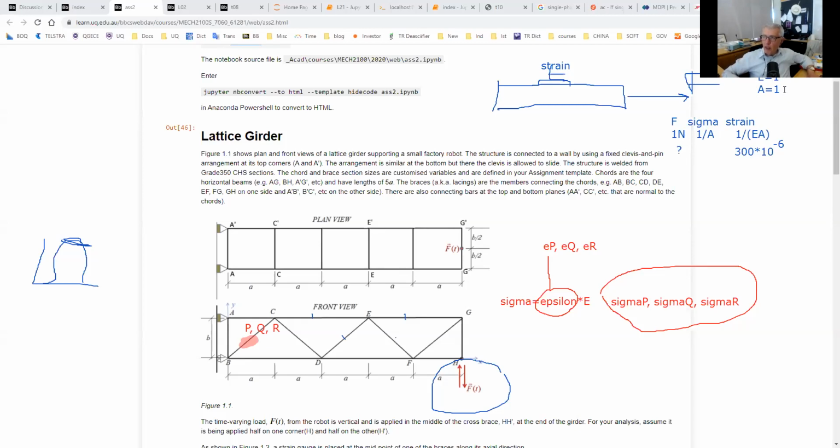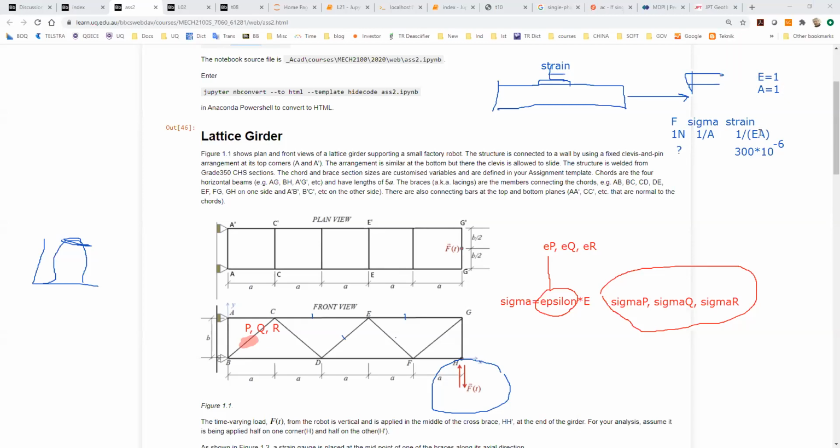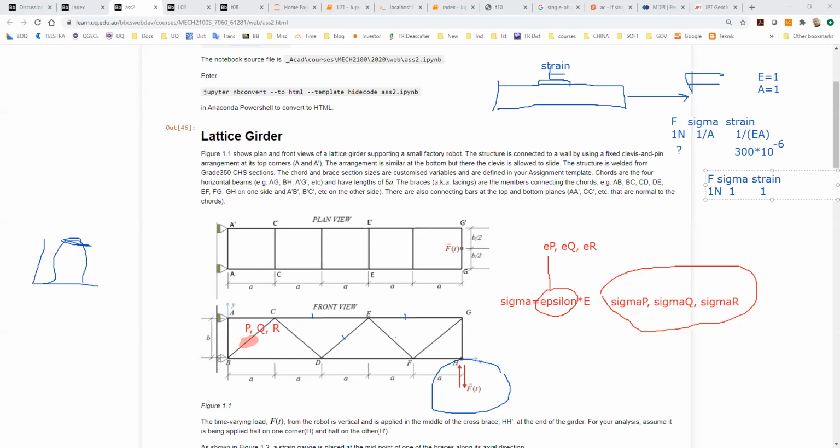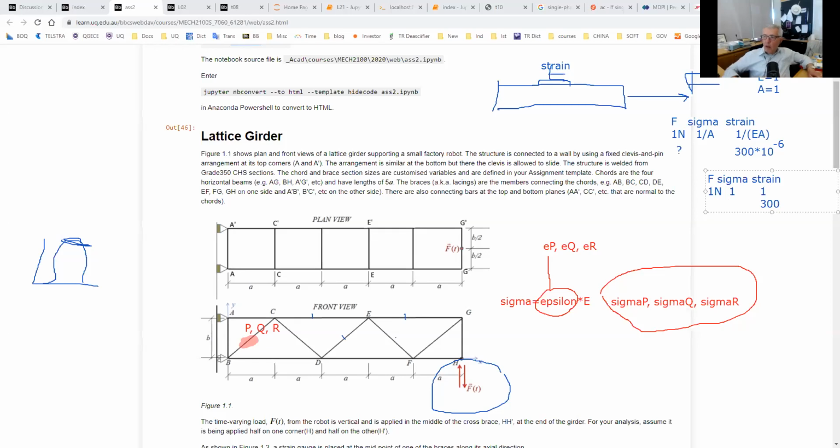Of course, E is not 1 and A is not 1. Yeah, that makes sense. So then I'll write this again: F, sigma, strain. F is 1 newton, if I assume that, and sigma becomes 1, and strain becomes 1. If the strain is 300, what will be F? What is this question mark? What is the value of F to give 300?